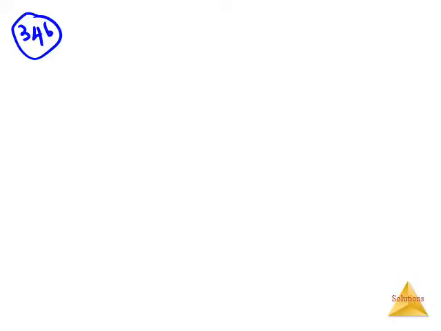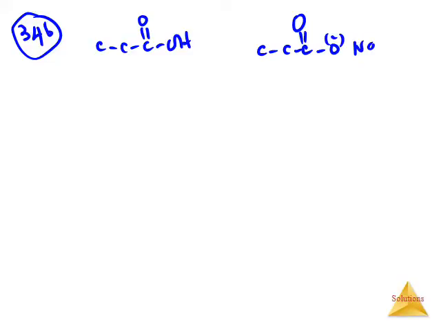So let me write down the formula. This is propionic acid, 3 carbon. And the other one is sodium propionate, 1, 2, again without the hydrogens attached to carbons. This is O minus and sodium plus.